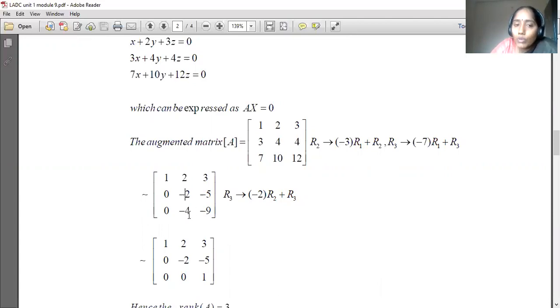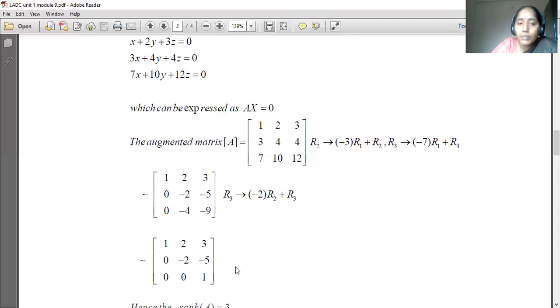Here -2 is there, so just multiply this row by -2 and then add these two; then -4 plus 4 becomes 0. So operation on R3: R3 tends to R3 minus 2 R2. That means -4 plus 4 becomes 0. The same operation is applied on these two elements also. That means -9 plus 10 becomes 1.